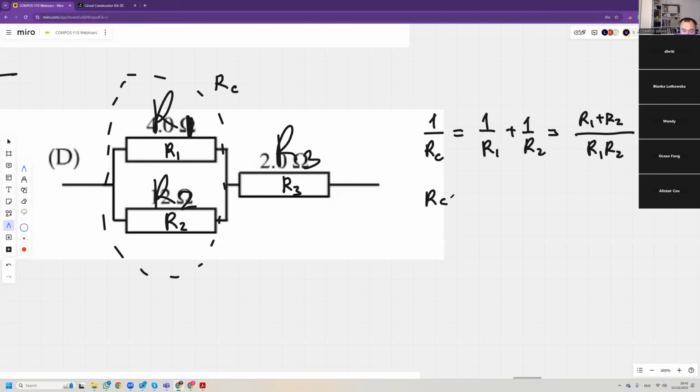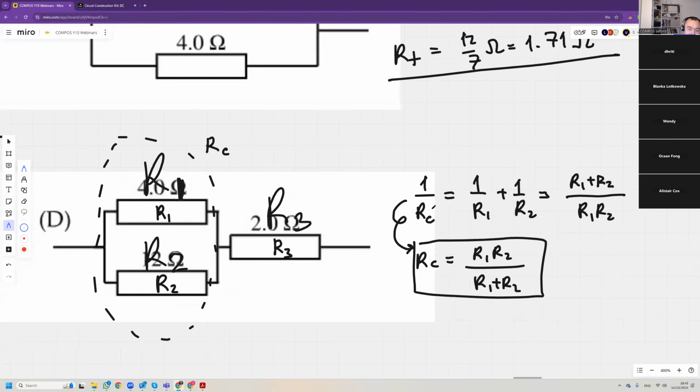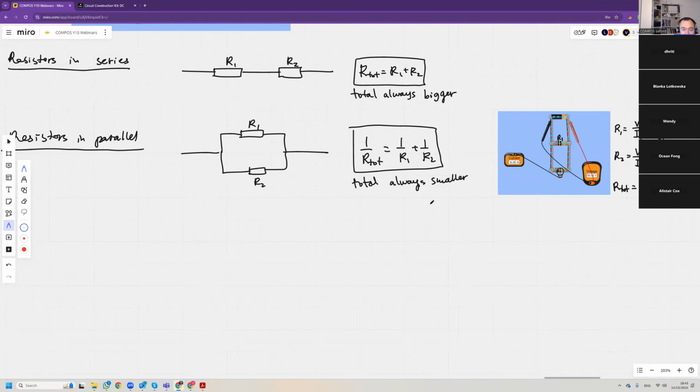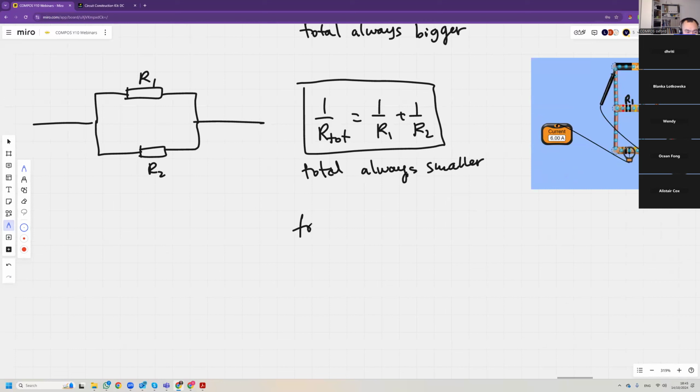So RC is R1R2, you flip them over, bing, over R1 plus R2. And actually, this is a valid formula for two resistors in parallel. For two resistors, you can use this formula: R total is R1R2 divided by R1 plus R2.